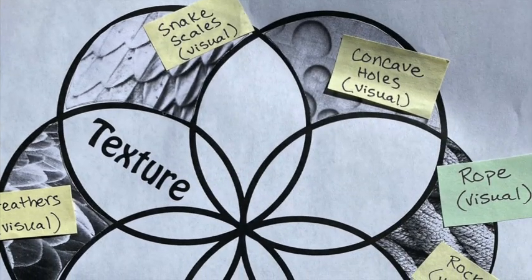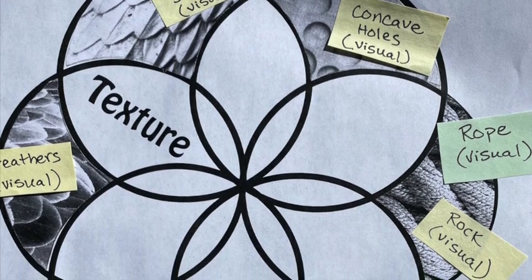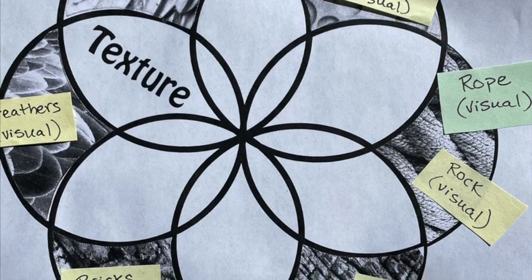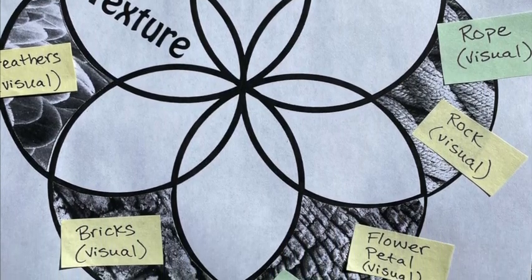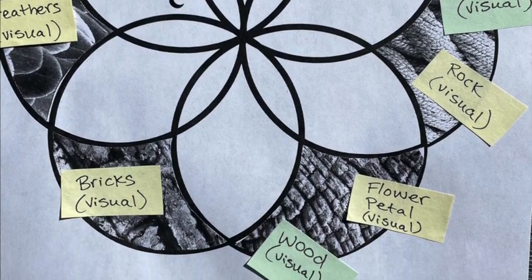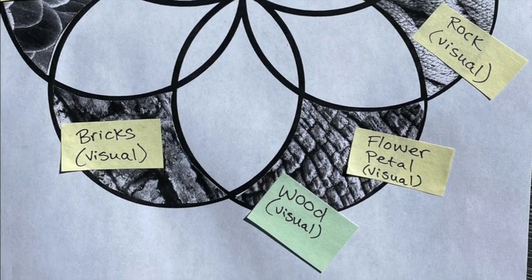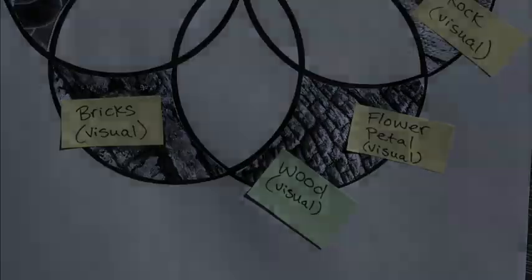Likewise, on this drawing I changed my mind midway, so instead of drawing a rock I found a fun picture of a rope, so I drew the rope instead, and instead of the flower petal I drew wood instead. So it is okay to keep changing your mind as you're working through your artistic process.